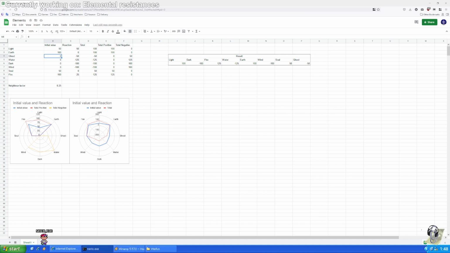Okay, this actually looks good, I think. So for example, if I remove this, remove that, so increased fire and earth.